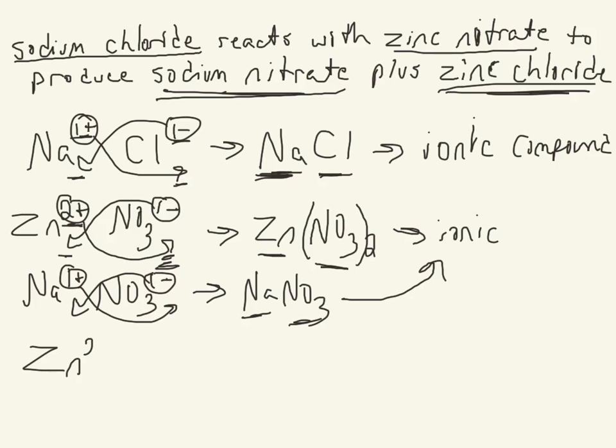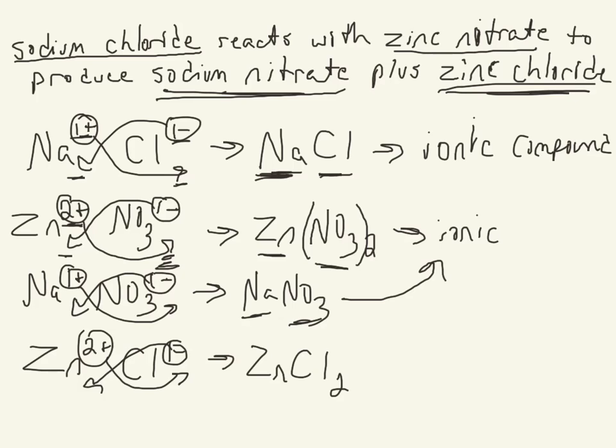Zinc 2 plus, chloride 1 minus, cross drop the charges, and we would have Zn, we don't have to write the 1 again, then Cl, and we put that 2 in subscript, so ZnCl2. We have a metal with a nonmetal, so that is an ionic compound.